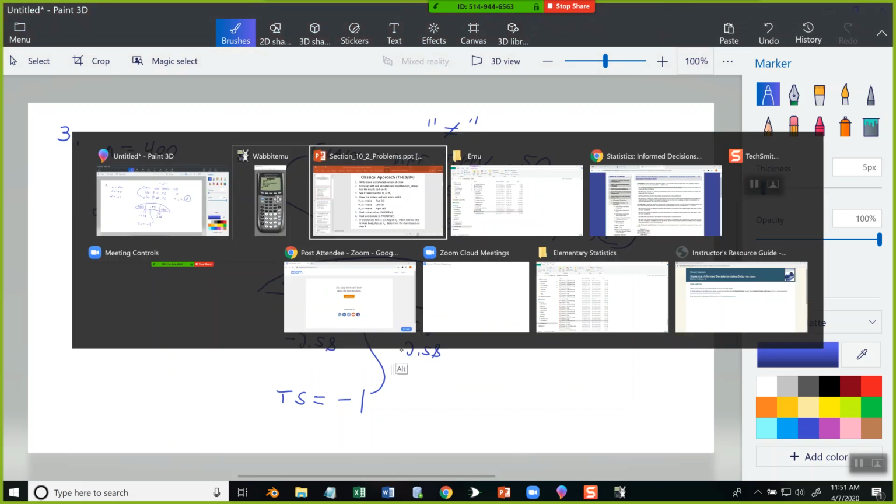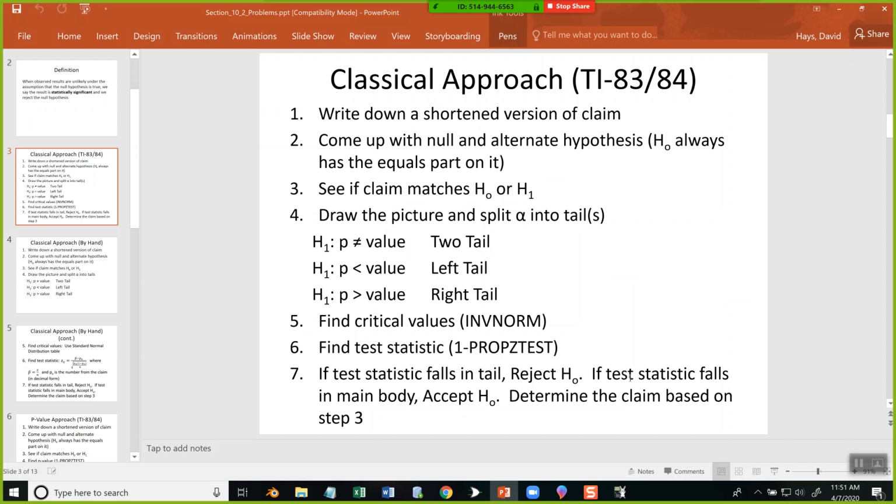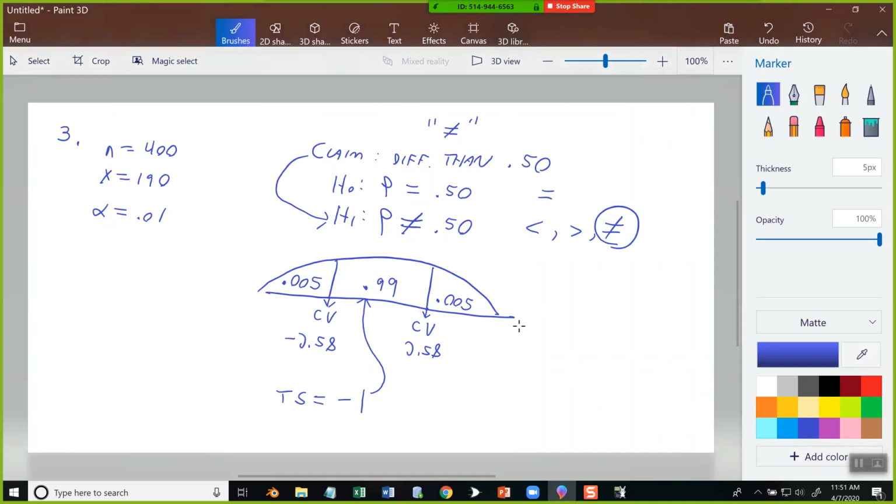Okay, so if your test statistic falls in the main body, this says accept H0. If we accept H0, that means we'll reject H1 because we treat them as opposites to each other. And since our claim matches H1, whatever we say about H1 is what we say about our claim. We rejected H1, so we'll reject our claim.